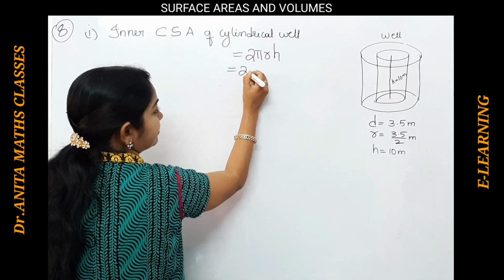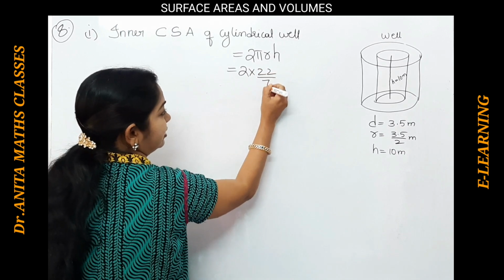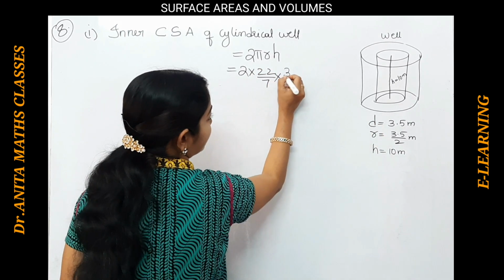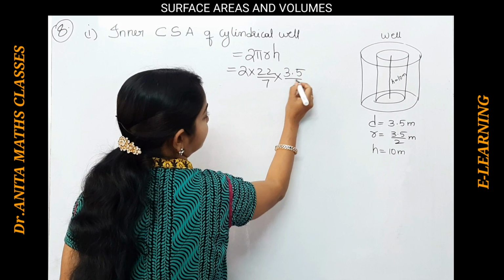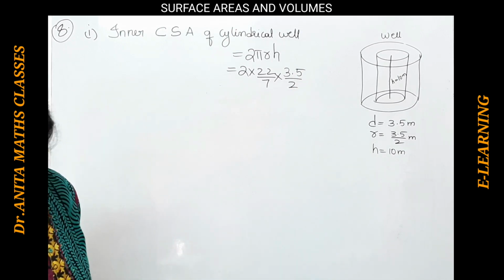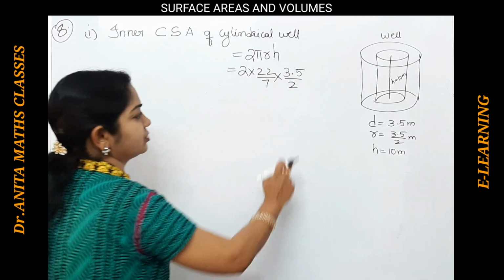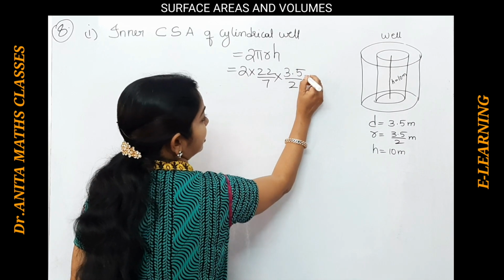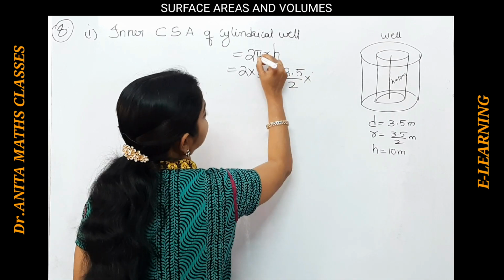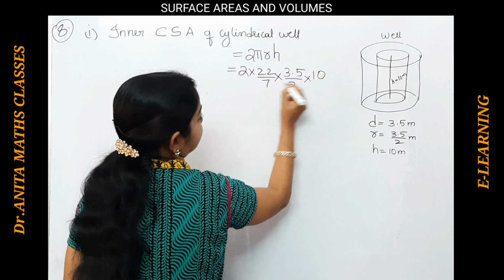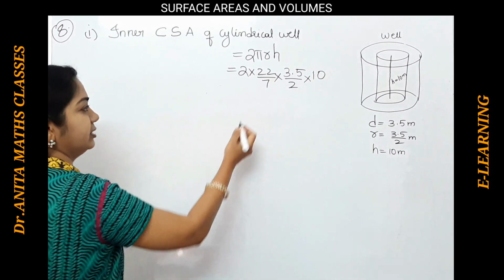We will directly substitute 2 into 22 by 7 into R, which is 3.5 by 2, because the inner diameter is given, so the radius is 3.5 by 2, multiplied by H, which is 10 meters. So we can cancel off here.